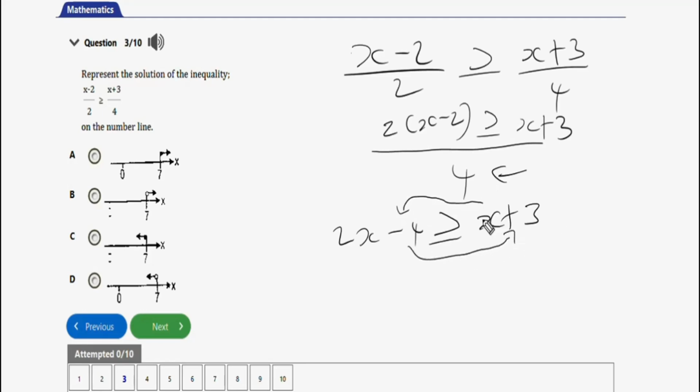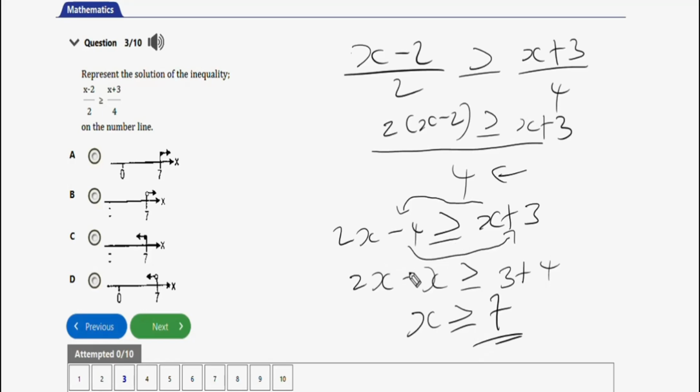So we're going to have 2x minus x is greater than or equal to 3, and negative 4 crosses over, changing to plus. So 2x minus x will now be x, and x will be greater than or equal to what? 7.